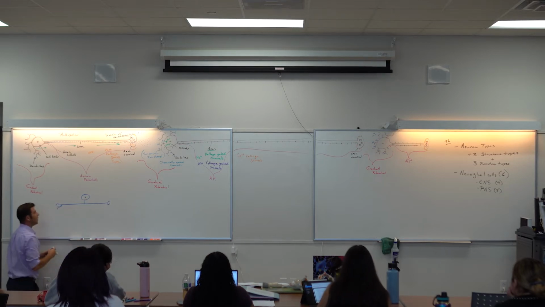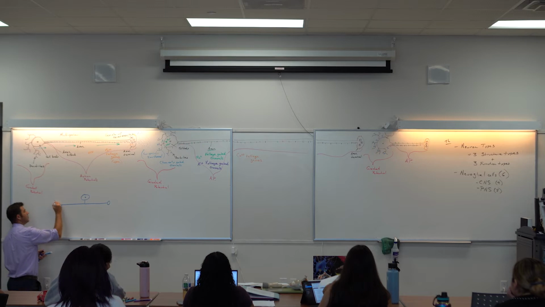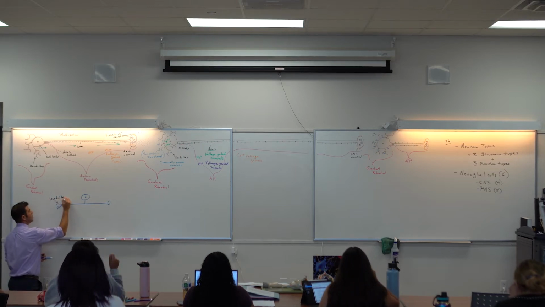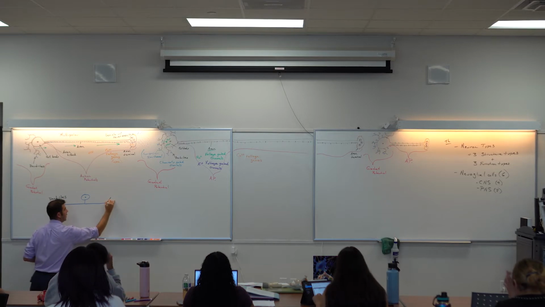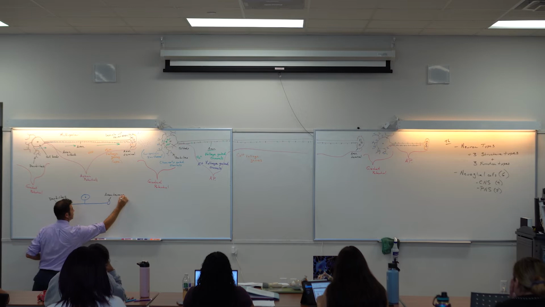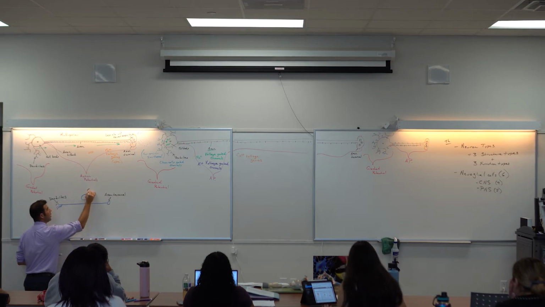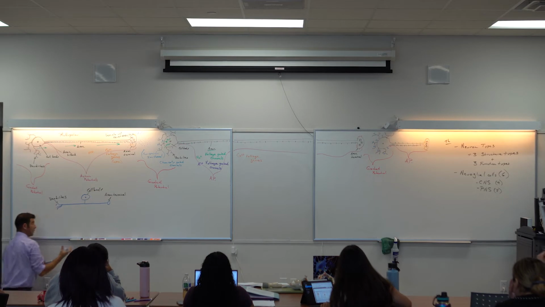So this type of neuron, where you have the dendrites on one end, the axon terminal on the other end, and then the cell body kind of off to the side on its own little stalk. This type of neuron is going to be called a unipolar neuron.